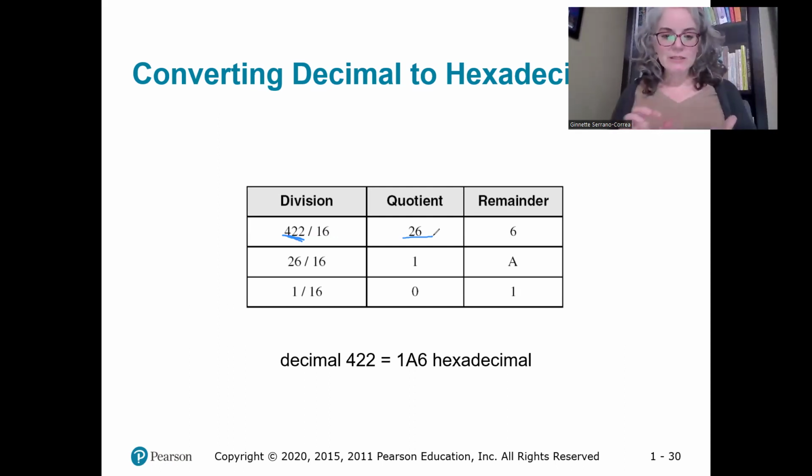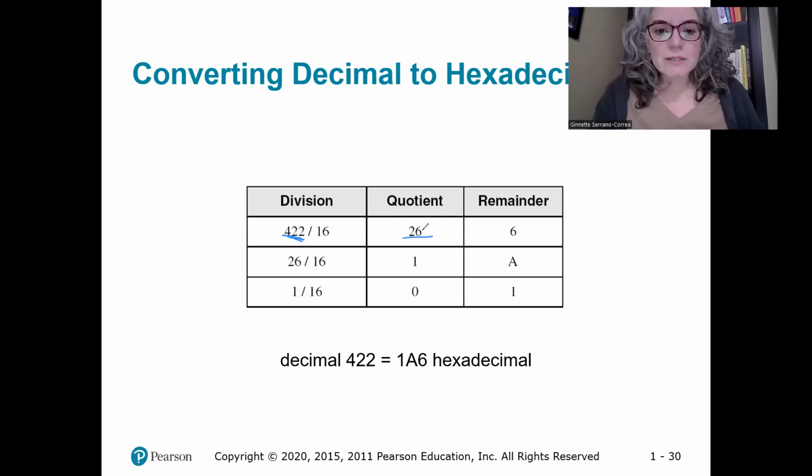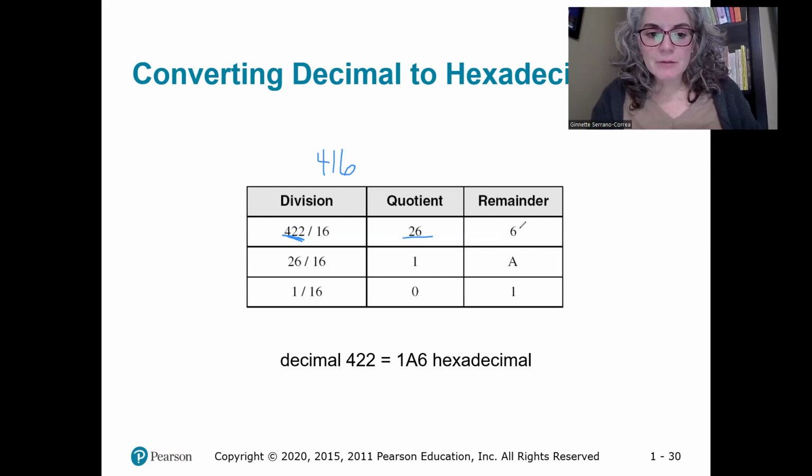That's going to be the quotient, and then multiply the 26 times the 16, which is 416. 422 minus 416, that's the remainder. So there's 6 remaining.